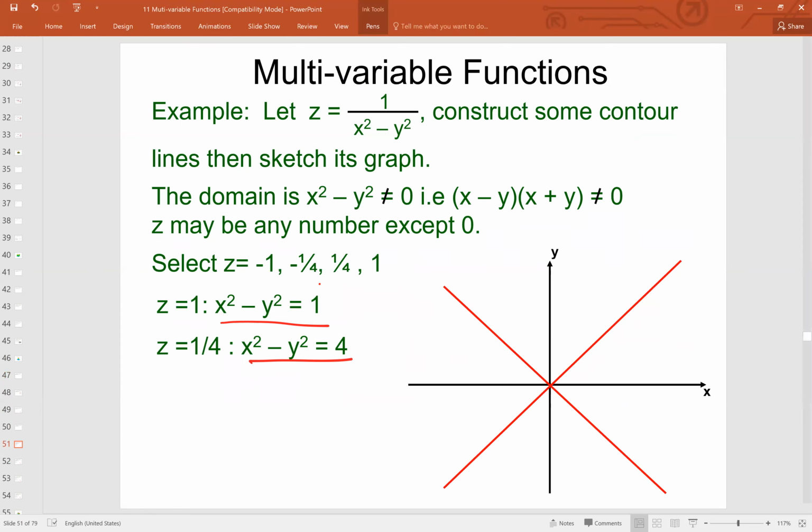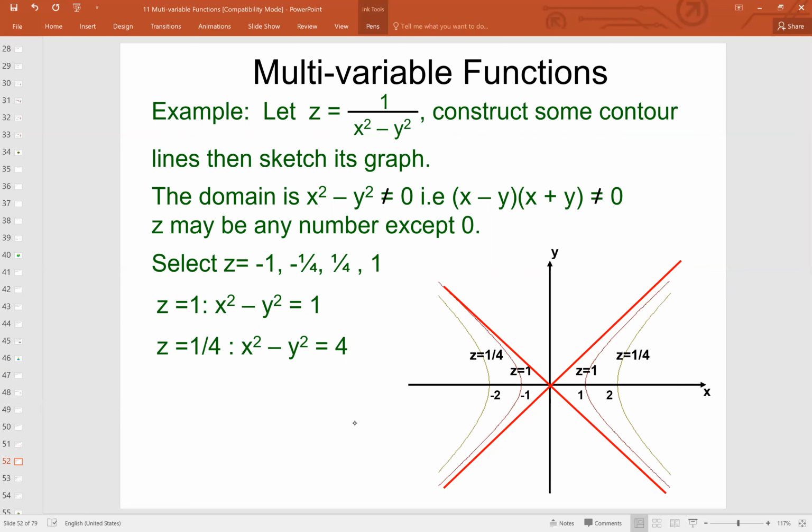In particular, when z is 1, I get a hyperbola as over here. When z is equal to 4, actually I get the hyperbola out here. Of course, I get both sides. 1/4, sorry, I have to reverse the numbers. When z is equal to 1/4, I get the outside set.